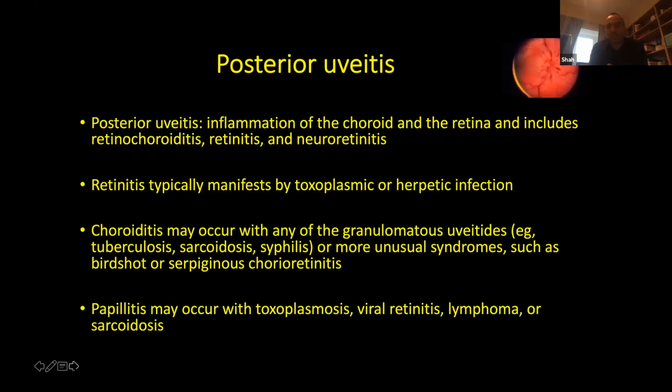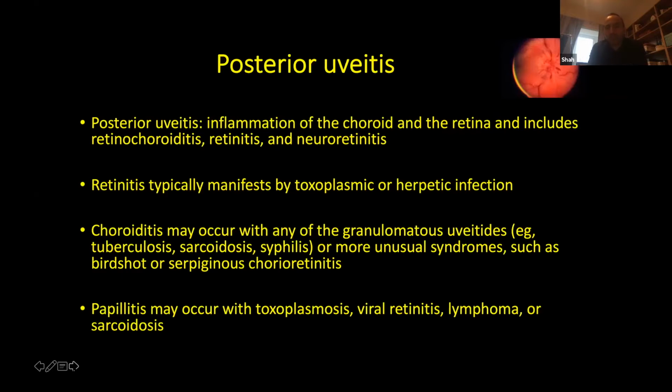Posterior uveitis, as I mentioned, is inflammation of the choroid and the retina, and all these structures could be involved, or even the optic nerve. In the case of retinitis, for example, you might see acute retinal necrosis, as you can get in herpetic infections, or toxoplasma retinitis.